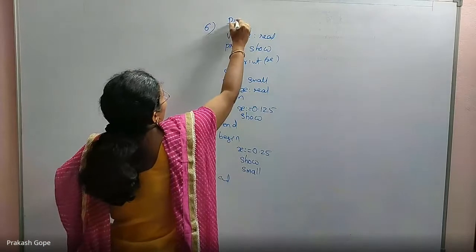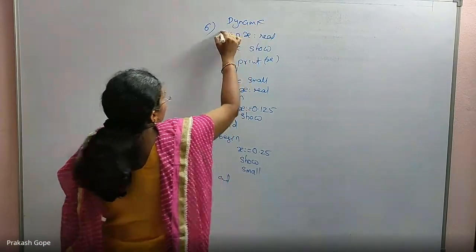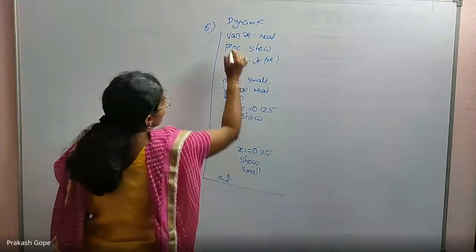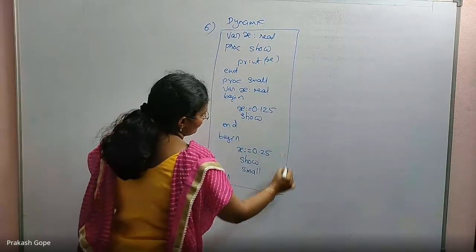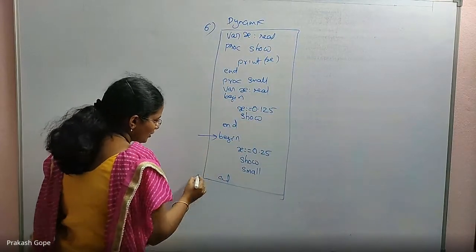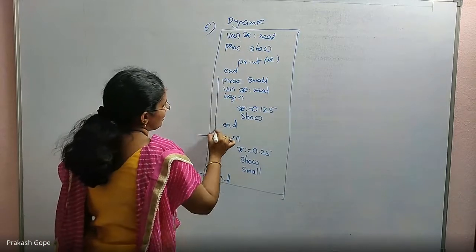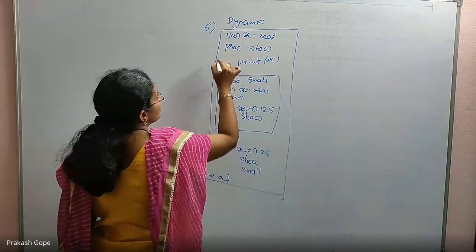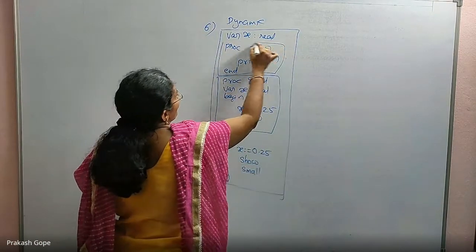So the question is dynamic scope. It was mentioned in the question itself. Program starts here, ends here. This is procedure small. This is procedure show.